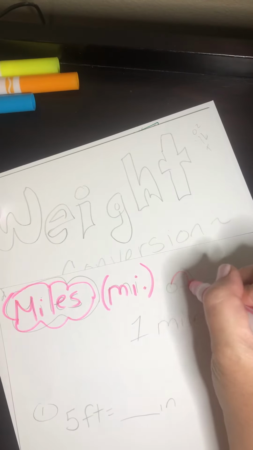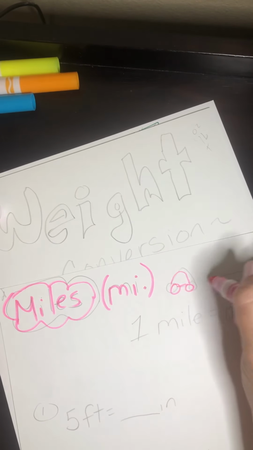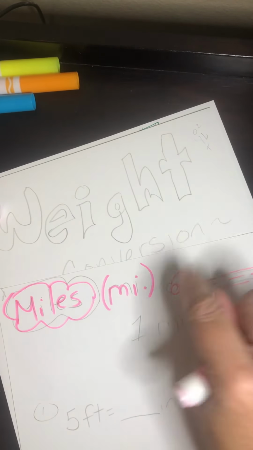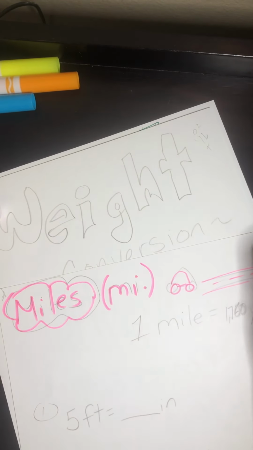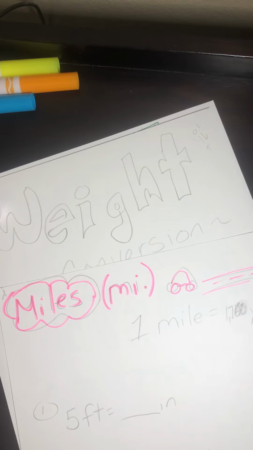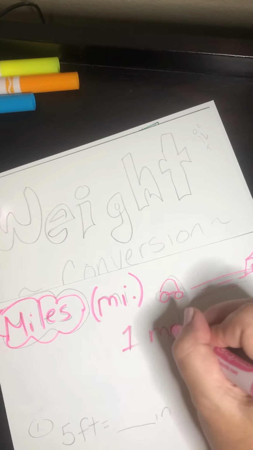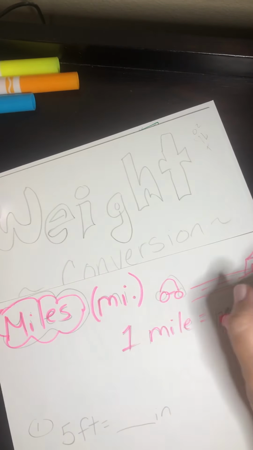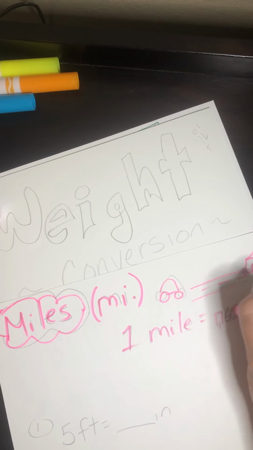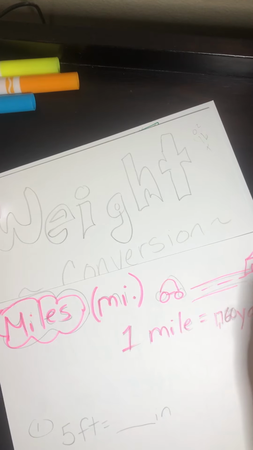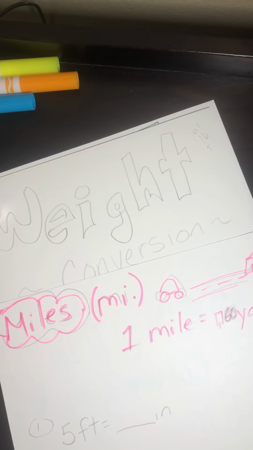And I think last week we talked about how the miles are kind of like when you're going from maybe your house to school, it's about a mile. If you live kind of close by, we can all kind of walk a mile. So 1 mile is the same as 1,760 yards.